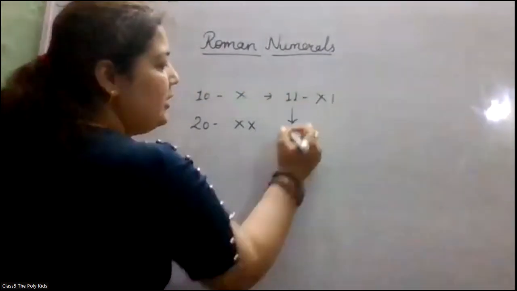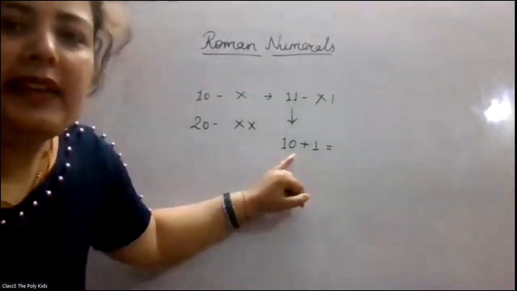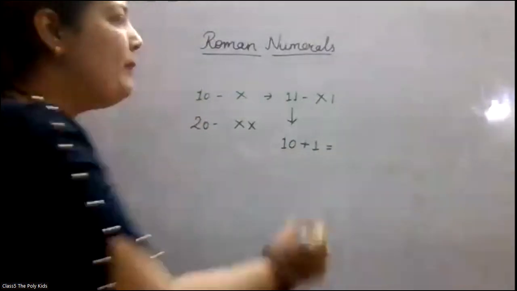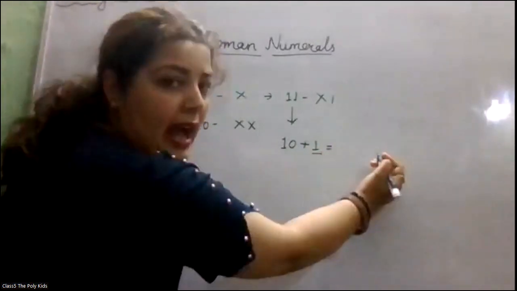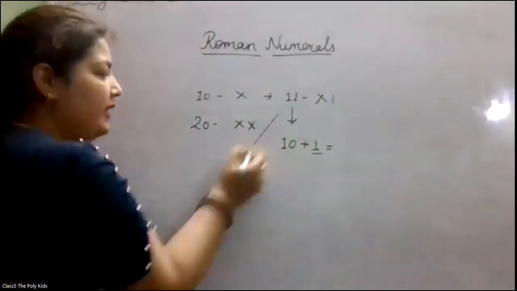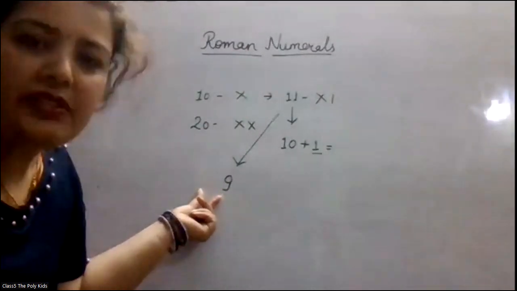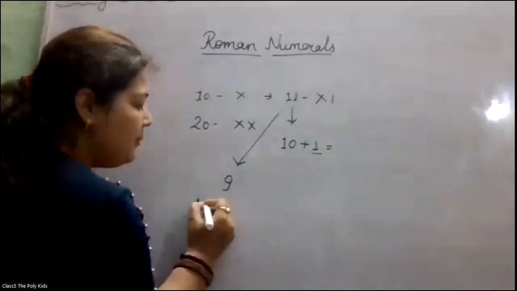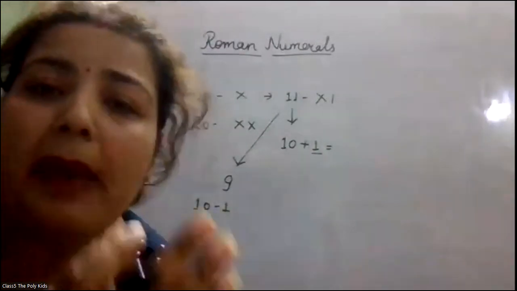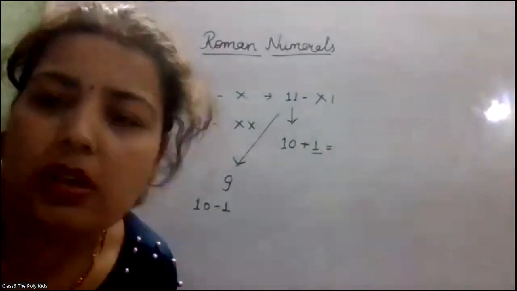Whenever we are adding, 1 will come after the 10. And if we are writing 9, it is a smaller number, so it is 10 minus 1.